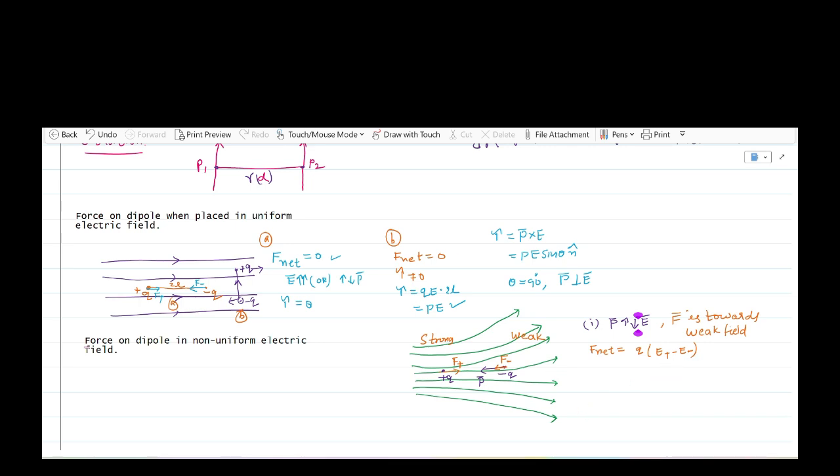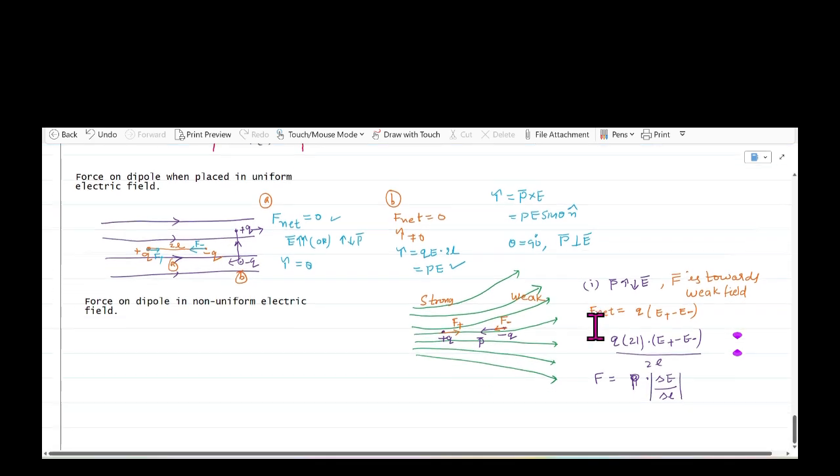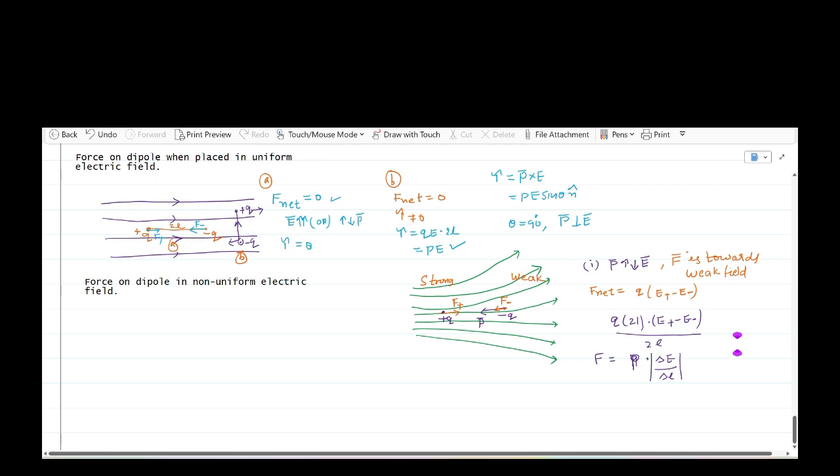The F net is equal to this. Now I will change it like this: q into 2L into (E plus minus E minus) by 2L, where E plus is the strong field and E minus is the weak field. Therefore F net is equal to p into delta E by delta L. This delta E by delta L is called the gradient of field.